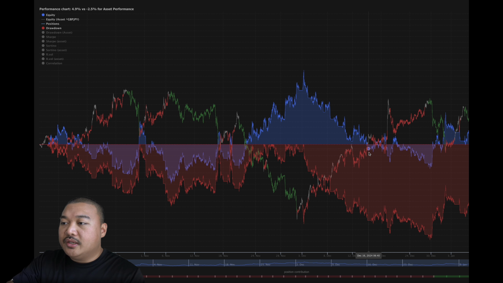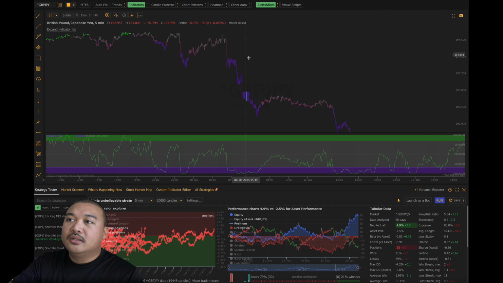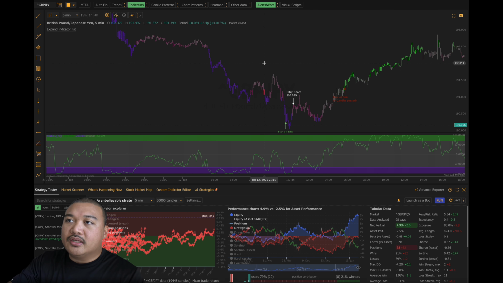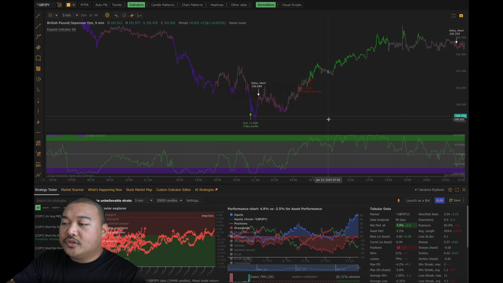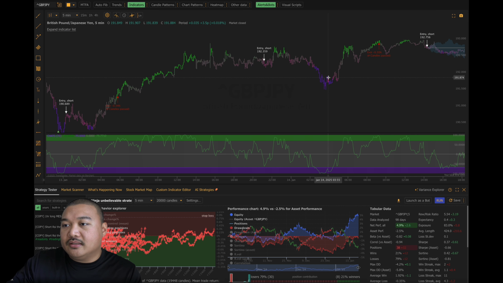How can we improve the selection of the entries? Because it's clearly just one type of filter to go short, and we're going to get stopped out a lot. Fortunately, it's only a minus 4.2% drawdown over this sample size in 98 days.